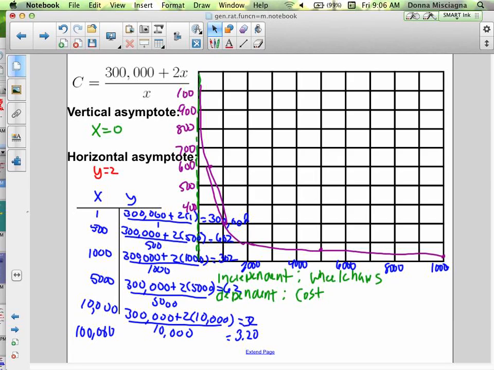So I think it's pretty clear that as we make more, the cost goes down. Right? You're dividing those fixed costs between more and more wheelchairs. So if the company was smart, should they make like 100,000 wheelchairs? Some people say yes, some people say no. Why not?